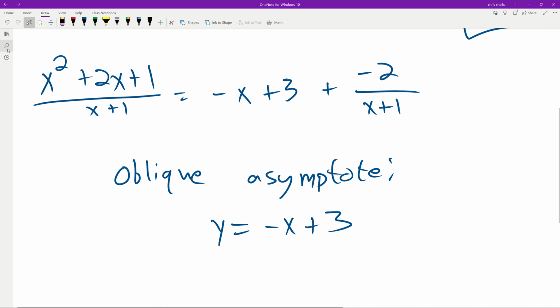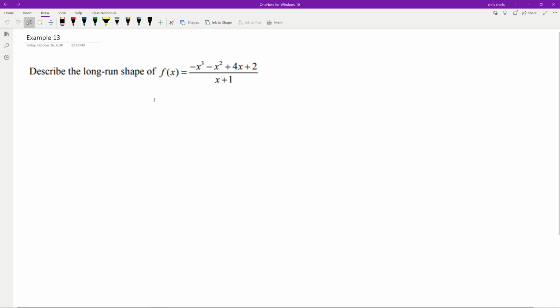And also, while we typically only concern ourselves with oblique asymptotes, we can describe other kinds of asymptotic behavior using the same concept. Let's describe the long-run shape of this function. Once again, let's perform synthetic division. If x plus 1 is 0, then x is equal to negative 1. So negative 1 goes in the box here.